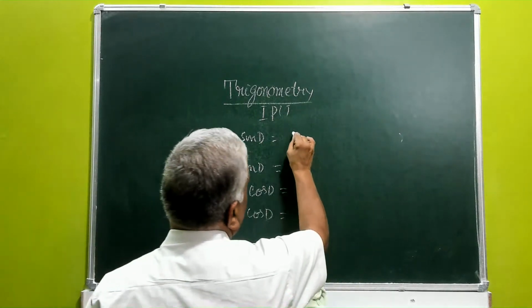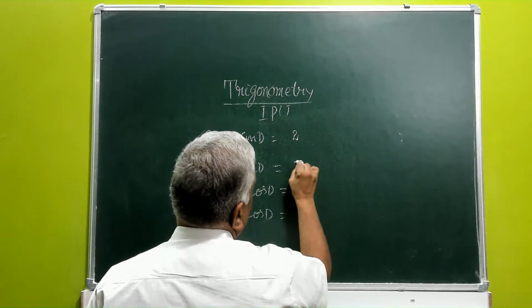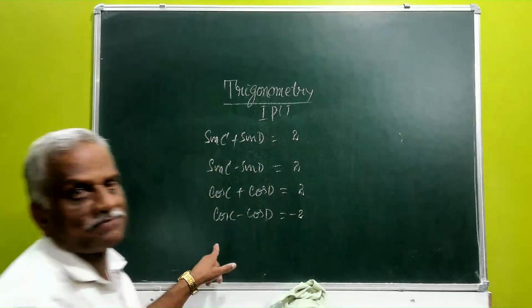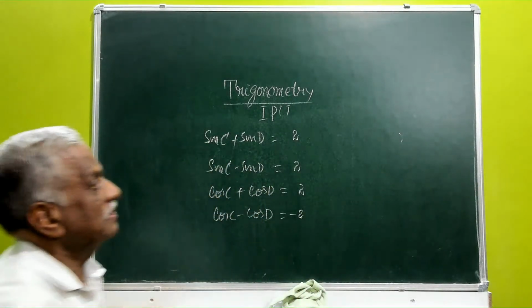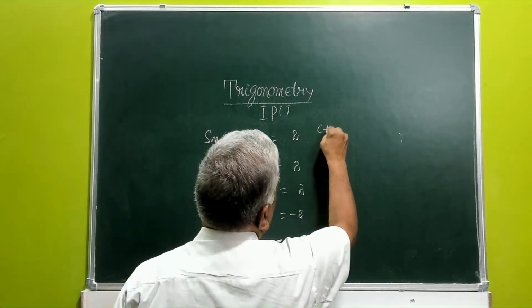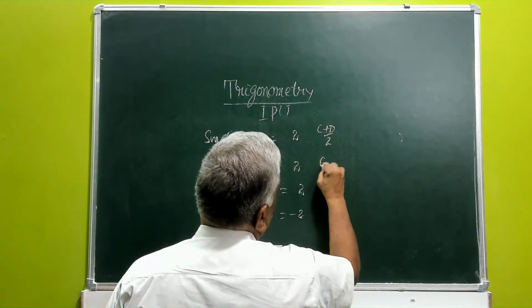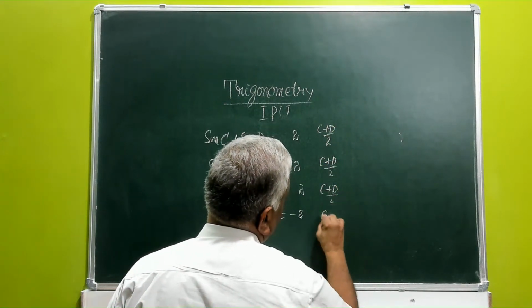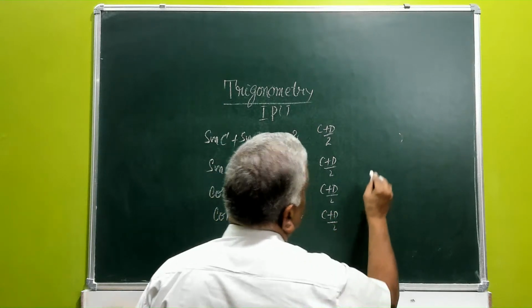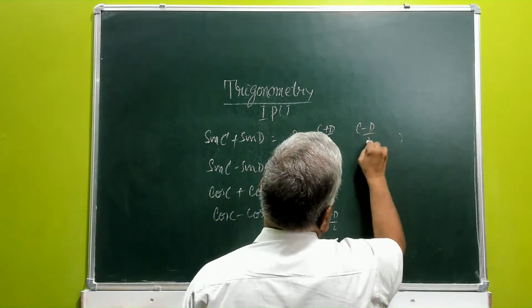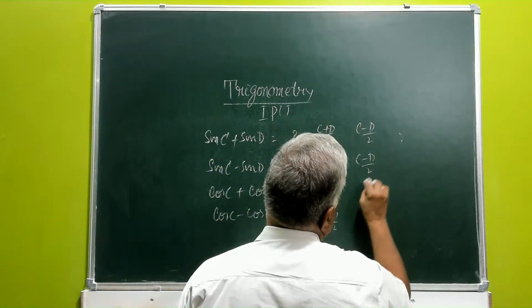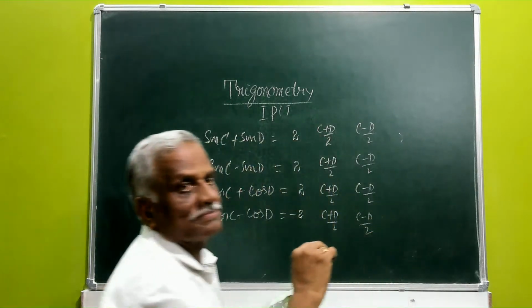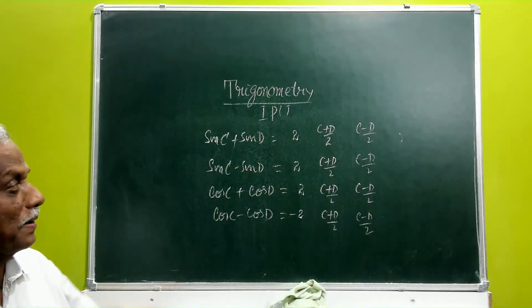So all these you can remember like this. This is 2, this also 2, this also 2, minus 2. Cosine function will have some changes. This will be C plus D by 2, C plus D by 2, C plus D by 2, and C plus D by 2. C minus D by 2, C minus D by 2, C minus D by 2, and C minus D by 2. I am giving a simple way of remembering.